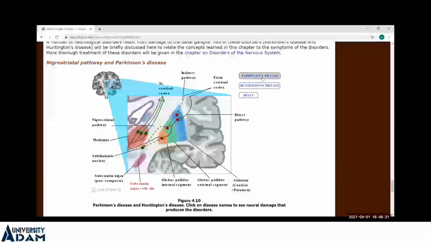shakings, this tremor, we call shaking, we call tremor, okay, tremor. So this tremor, guys, will appear only when the person is resting, okay? So that's why we call this a resting tremor. But in Huntington disease, the chorea will be when the person is trying to move, okay?